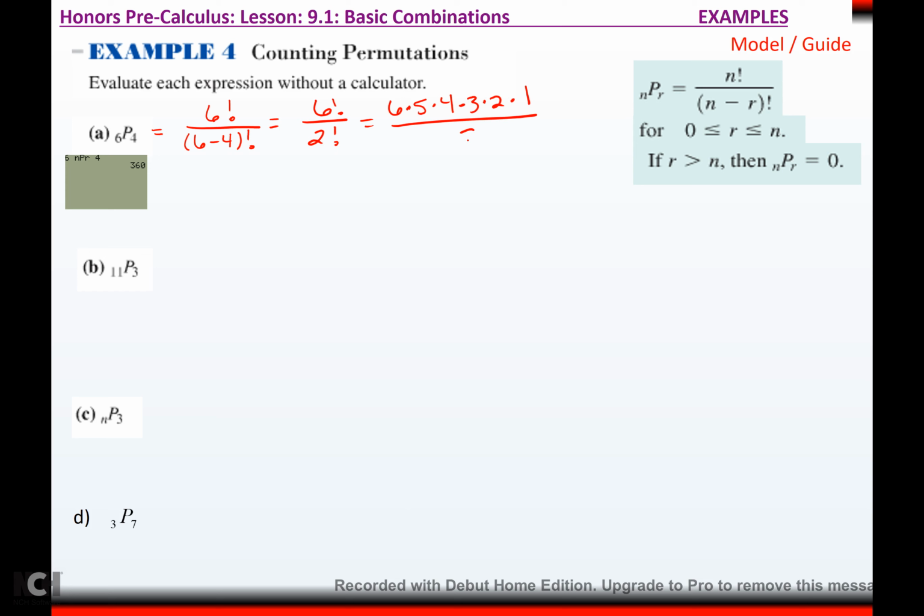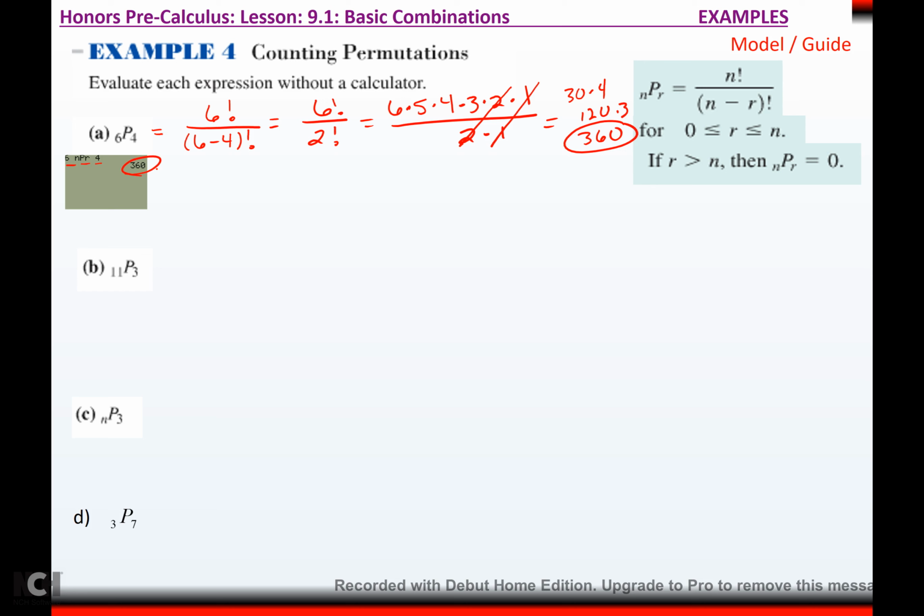On bottom, 2 factorial is 2 times 1. Those 2s and 1s cancel out, and so my answer is 6 times 5 is 30, times 4 is 120, times 3 is 360. Or you can type it in the calculator. I typed the 6, then I did math, prob, choice 2, and then I typed my r, and I got my 360.